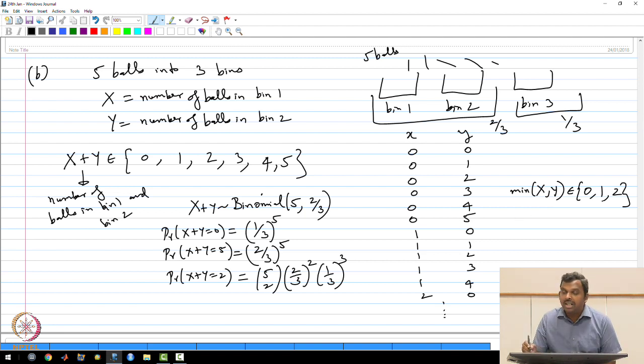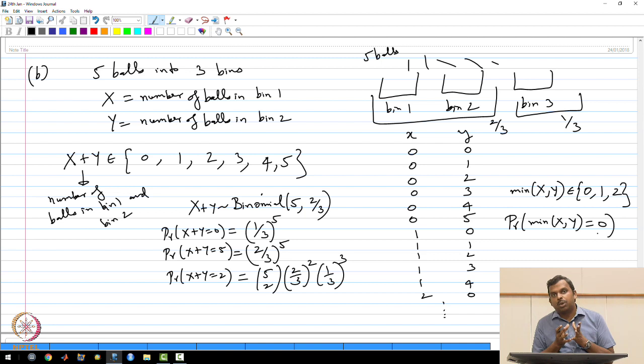So computing probabilities for even min of xy is quite a bit complicated. It's not very easy. Supposing you want to focus on just one value, min of xy being equal to 0. This can happen if either x is 0 or y is 0, or both can be 0.